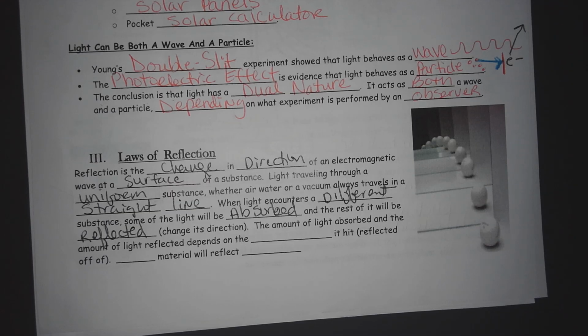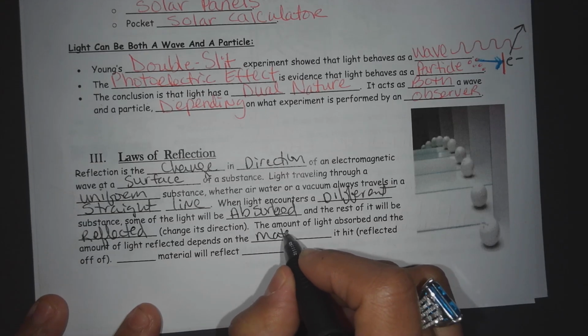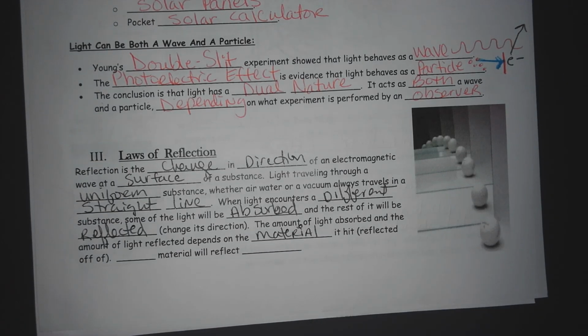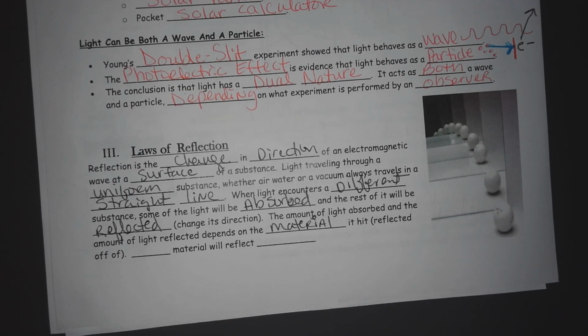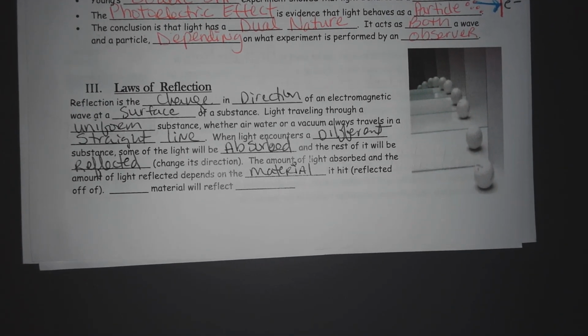The amount of light absorbed is going to depend on a few things. The number one thing is the type of material it is. Have you ever looked at a mirror and thought, that's not a good mirror? Some of us, when you put on your makeup, have that little compact or makeup mirror. That mirror does the job, but it may not be perfect.